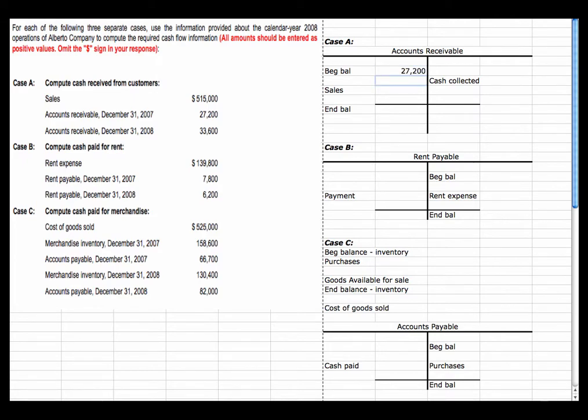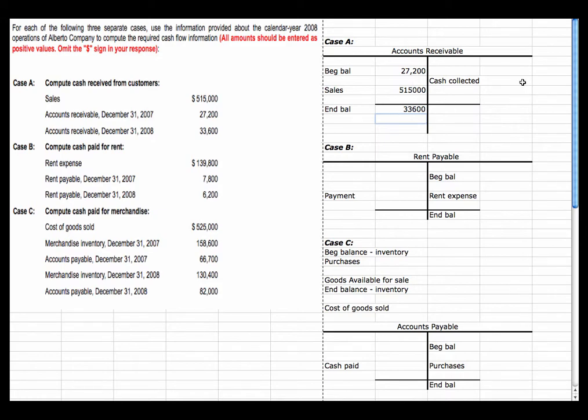Now, the next piece of information that they give us is what the sales are. The sales over here is $515,000. And then we also know that our ending balance on December 31st, 2008 is $33,600. So if I started with $27,200, I'm going to add another $515,000, and I'm going to end up with $33,600.